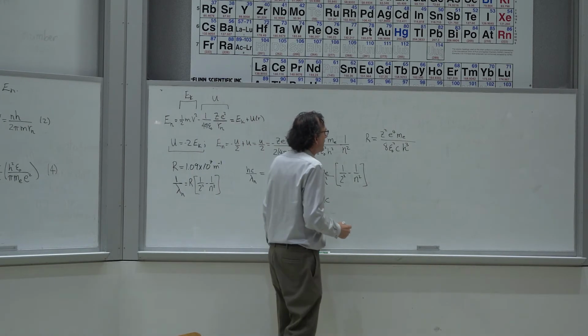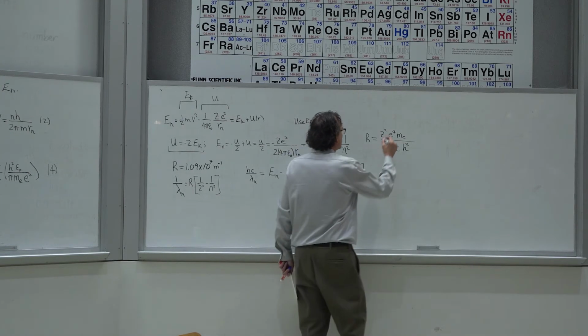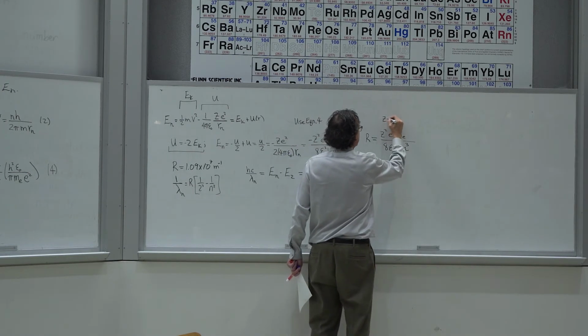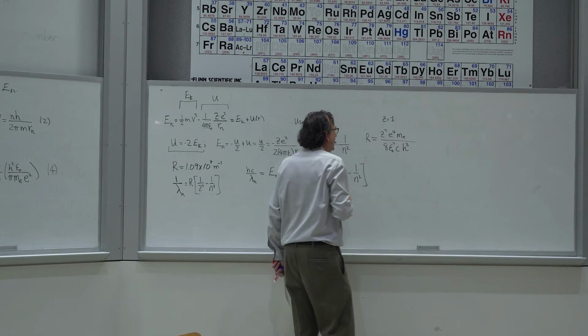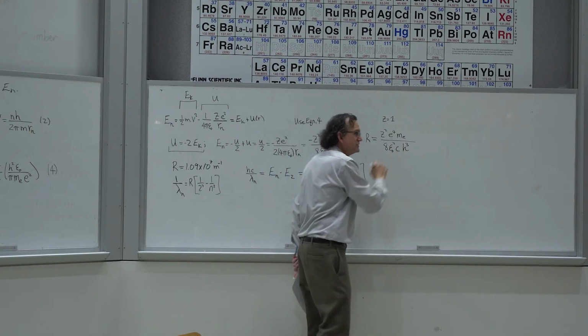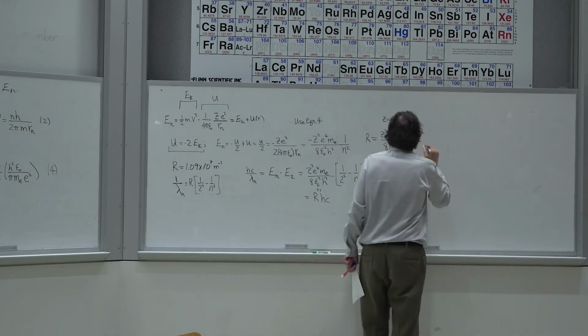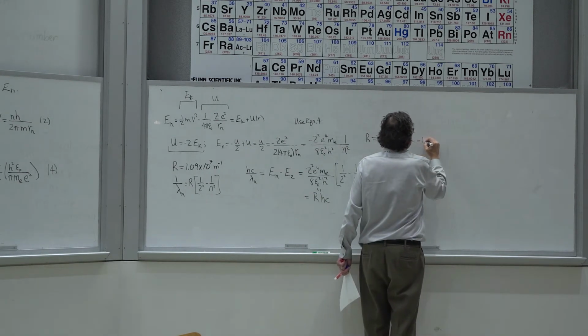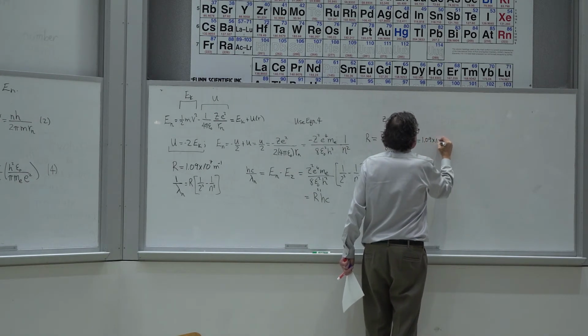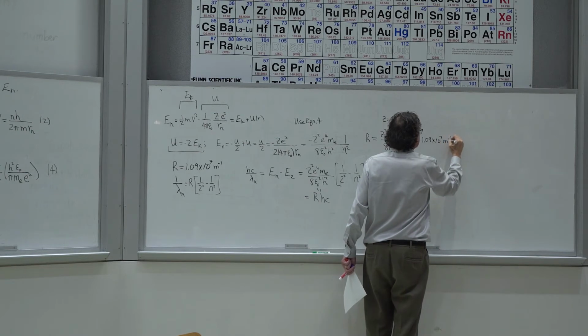Now, we'll look particularly at hydrogen, so we'll set Z equal to 1, and these are other fundamental constants that I know. If I evaluate them, what I get is 1.09 times 10 to the 7 inverse meters.